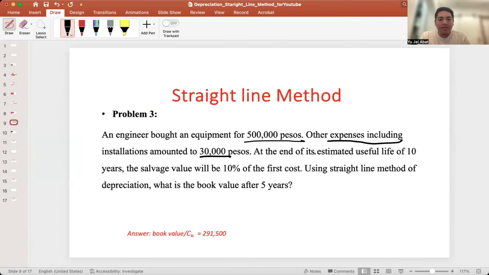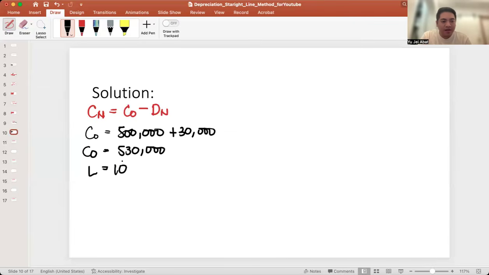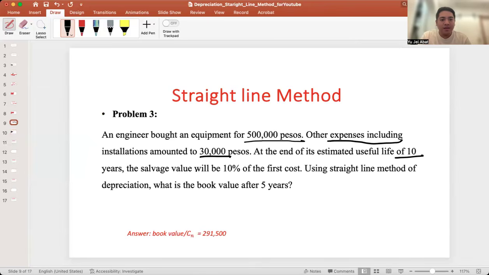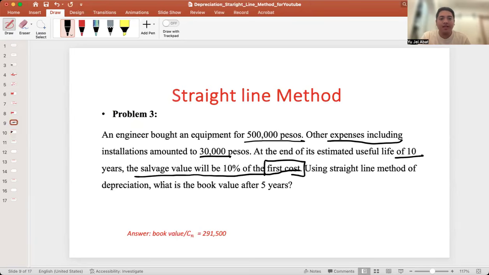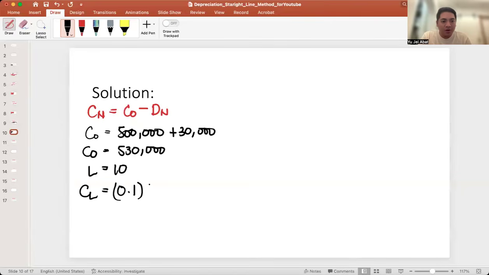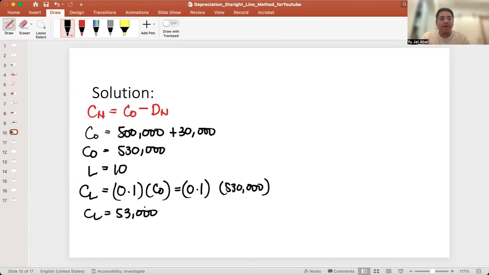And the problem states at the end of its useful life of 10 years, so we have a useful life of 10 years. The salvage value will be 10% of the first cost. The first cost is what we call the original cost also. So the salvage value C sub L will be 0.1, or 10%, of the first cost or the C sub O. If we get 10% of 530,000, that is 53,000.